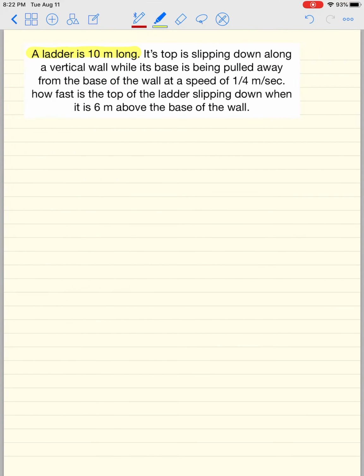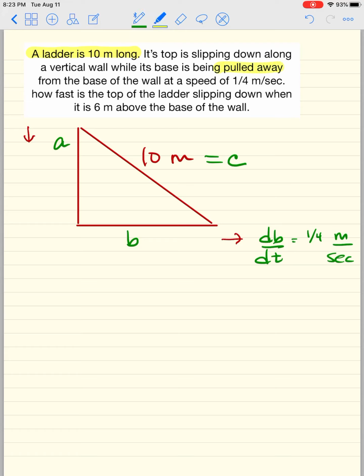So what I'm going to do first is call this side A, this side B, and this side C. Therefore, dB/dt is equal to 1/4 meters per second. So the base is being pulled away at 1/4 meters per second. Please remind yourself this is positive because you're moving to the right.